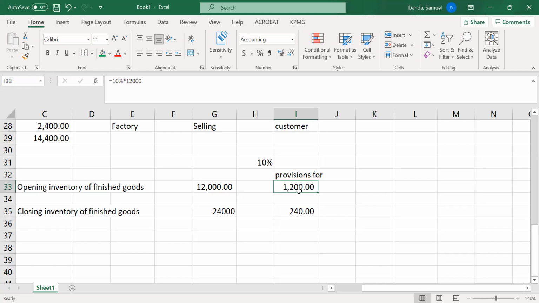It means that it's a disservice to us because we have remained with more than it was at the start of the period, okay? The reason why whenever they say debit P&L, it means that you expense the item in the P&L.